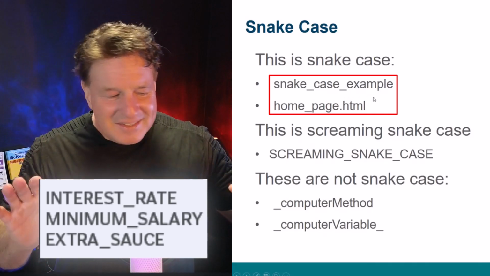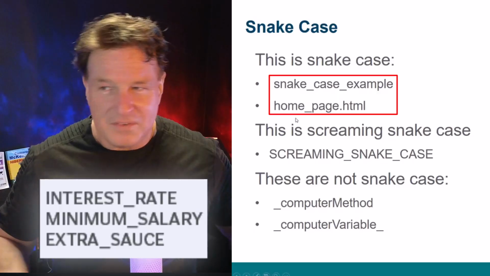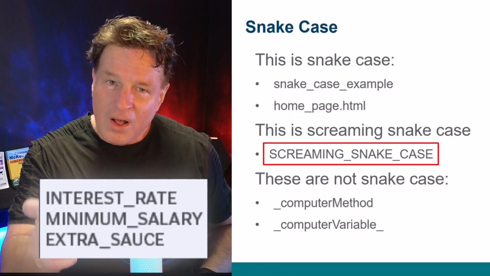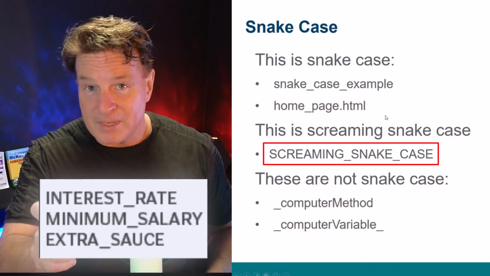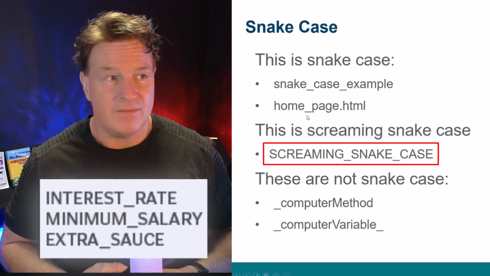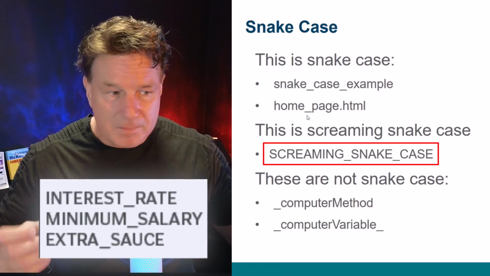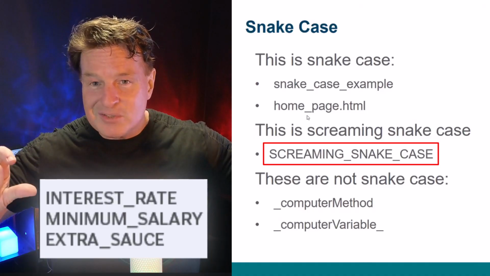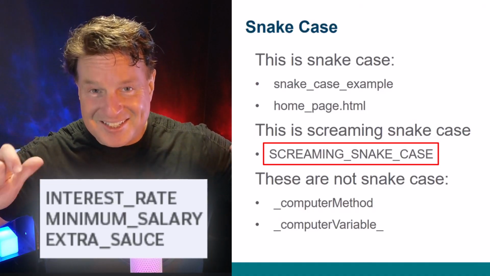Now, there is kind of a funny derivation of SnakeCase, and that's when you've got all of the letters being uppercase. And in Java, whenever we have a constant, we use SnakeCase, but all of the letters in the words are uppercase. And this is referred to as Screaming SnakeCase.